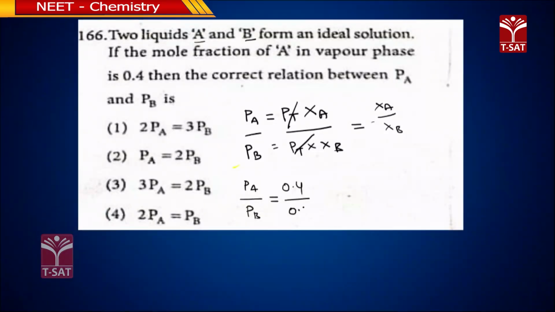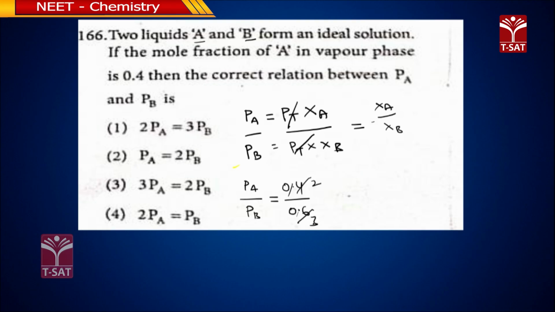So A will be 0.4 means B will be what? 0.6, because the sum of the mole fractions of all the components will be 1. Here two components, one component will be having the mole fraction 0.4, right? The other component will be 0.6. So we will be cancelling this 0 point, and here we will write 2 times and 3 times, so that you will be writing PA by PB is equal to 2 by 3. This we are going to write as what?